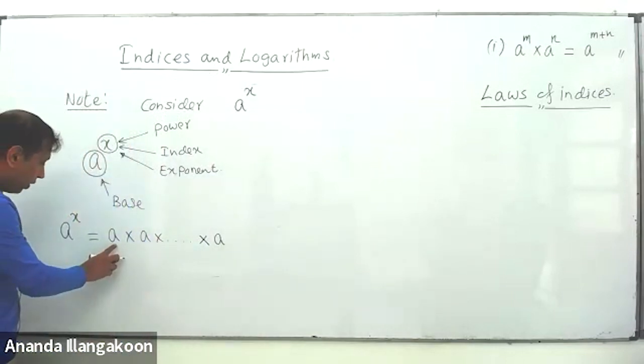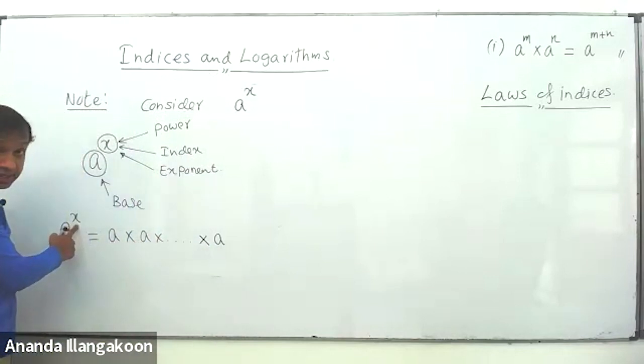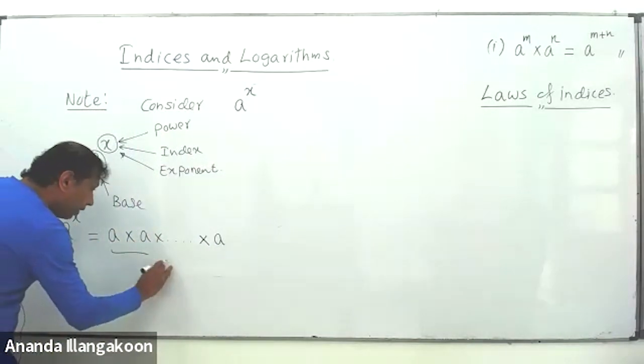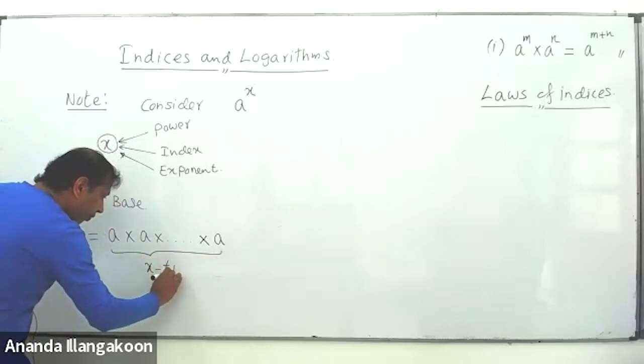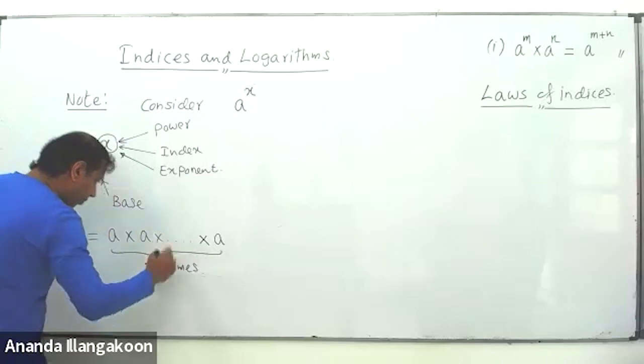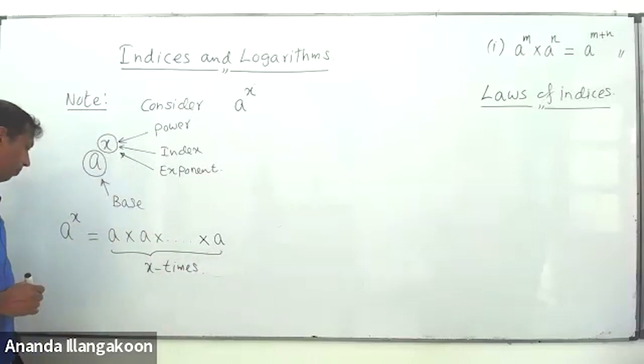There should be simply x letters. Then we write here x times. This a should appear on the right hand side simply x times.